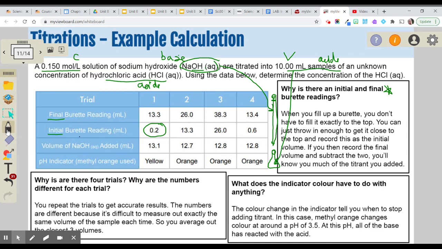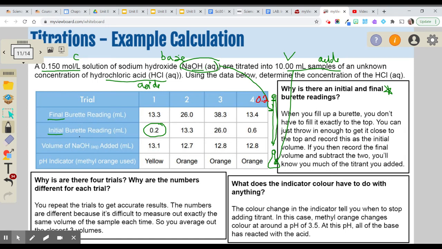Red's a good color for this one. We took a reading and the initial burette volume is 0.2. That's where it's at, so it's almost full up to the top. There's 50 mL in here total, but the numbers go backwards, so down at the bottom would be 50.